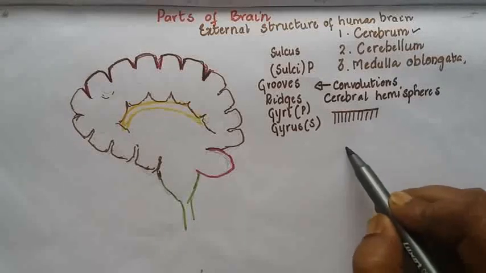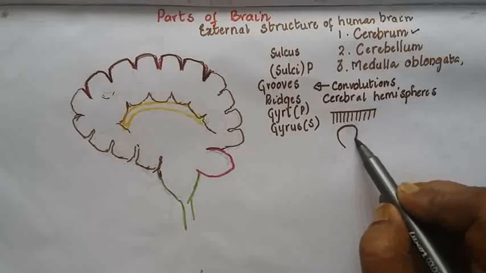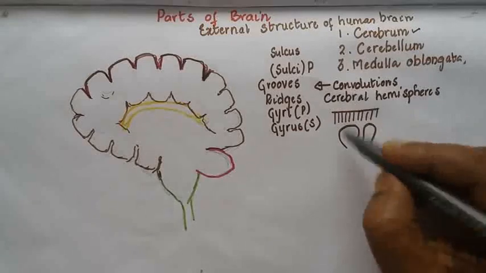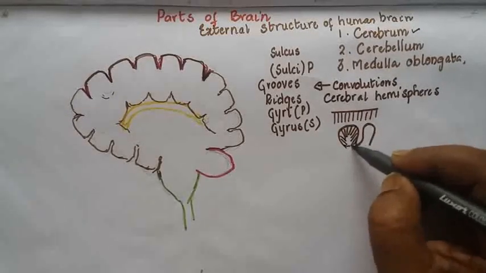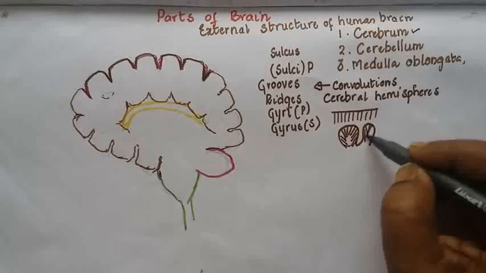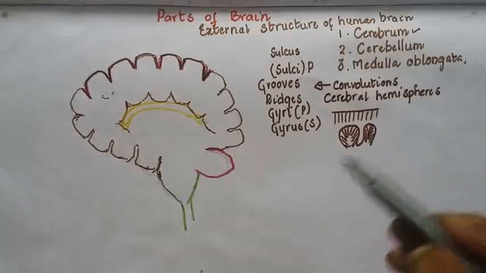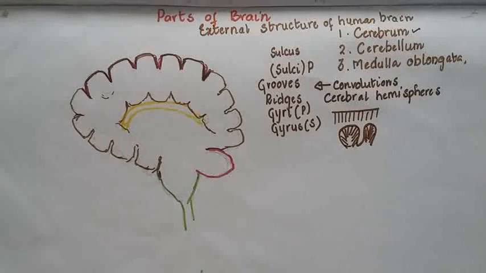But if you have ridges along with grooves, you can accommodate more neurons. So in order to provide a larger surface area and to accommodate more neurons to carry out the function effectively, the cerebrum has a number of convolutions.